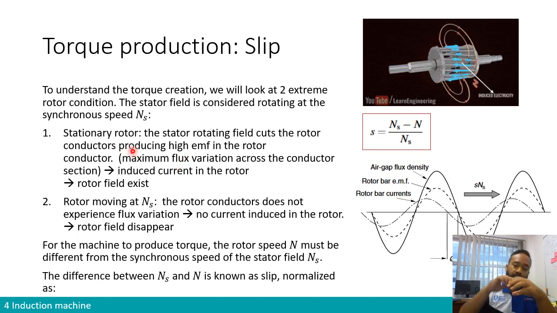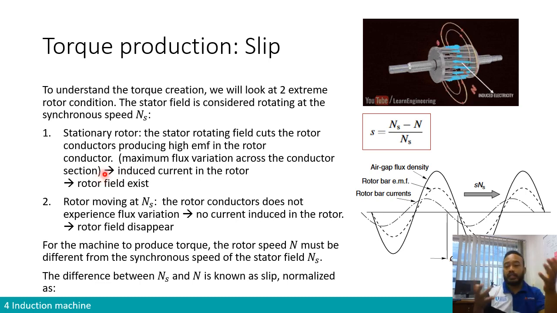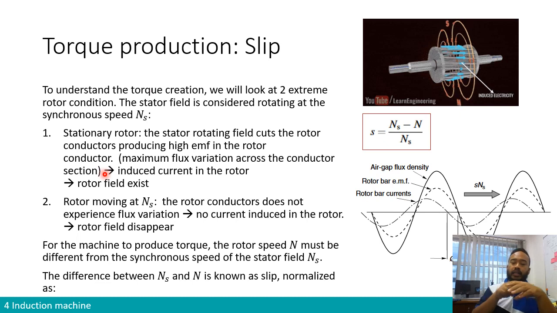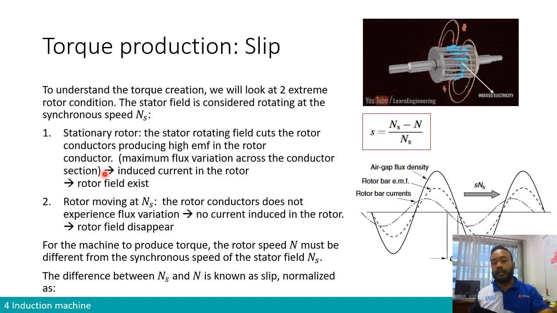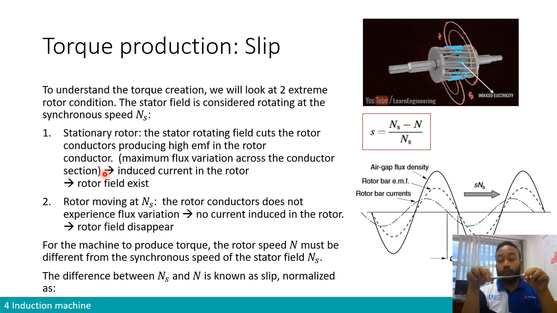So if the stator field is rotating at synchronous speed and the rotor is not moving, you will have the maximum EMF possible, because you have maximum flux variation. EMF is a voltage, so in the rotor conductor you have created a certain voltage, and therefore there will be current circulating in that rotor.